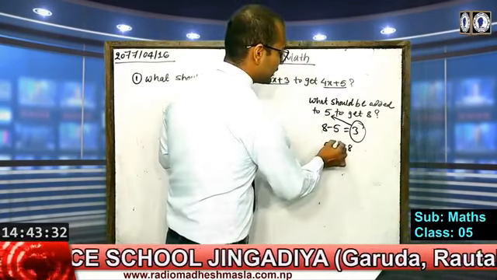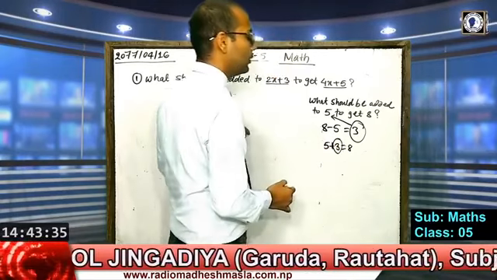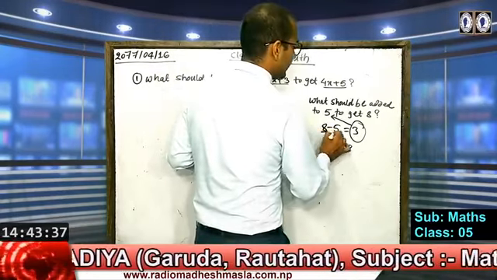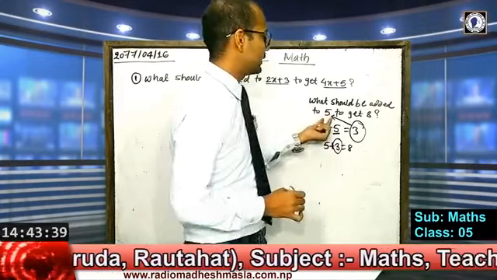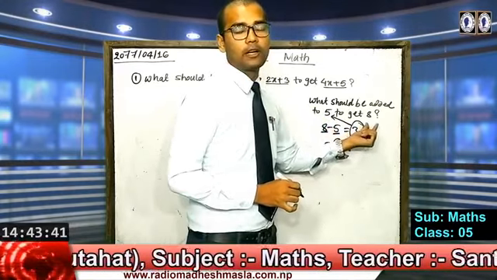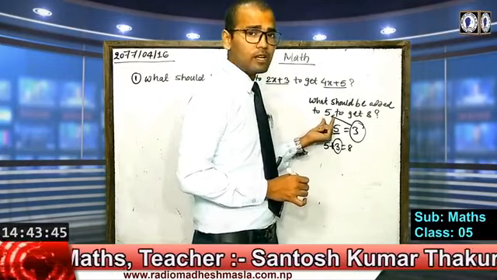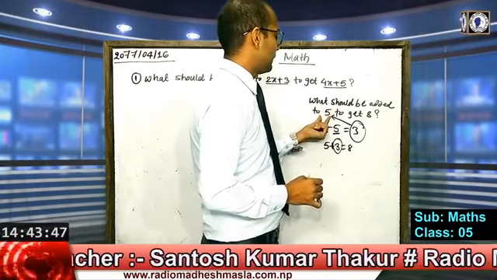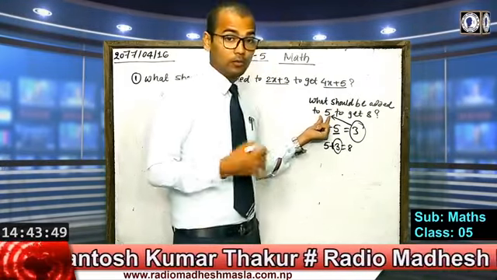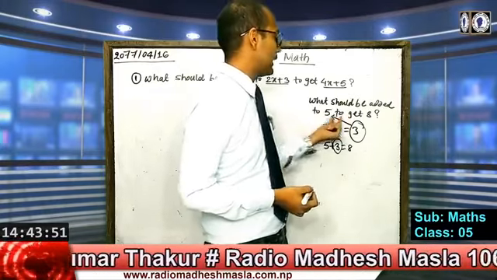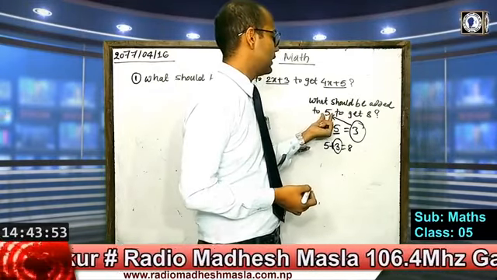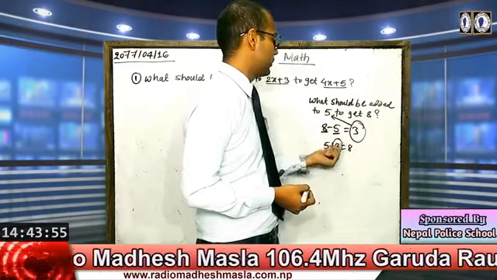So our answer is 3. And how did we get our answer? When we subtract the smaller number from the greater number. That means the number that should be added, we get when we subtract 5 from 8.